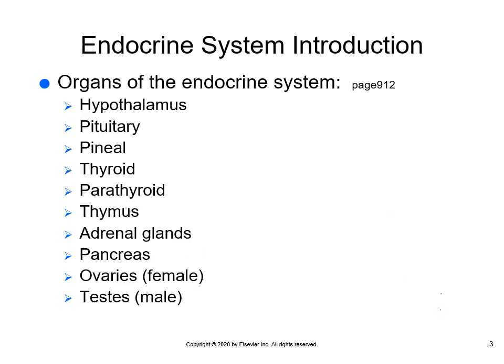Okay. The organs of the endocrine system are on page 912 in figure 47.1. So you have the hypothalamus, the pituitary, the pineal gland, thyroid gland, parathyroid, thymus, adrenal gland, pancreas, ovaries for the female, and testes for the male.